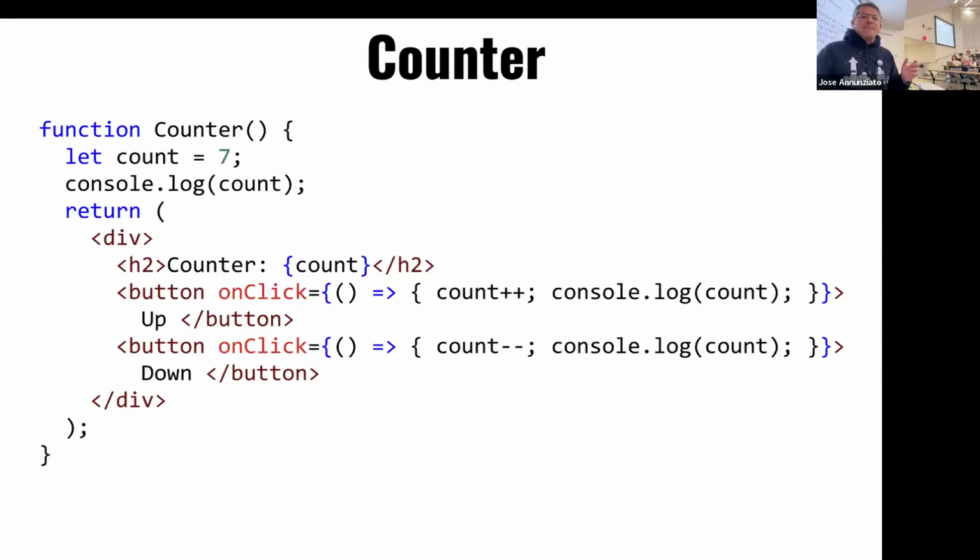Here's a simple, trivial example where we have a component called a counter. Here's our first example of state changing over time. Our expectation is that the user interface represents the current state. If you have a variable like count equals 7, we render that count, and it renders a 7.